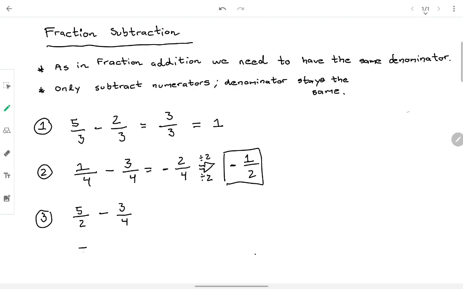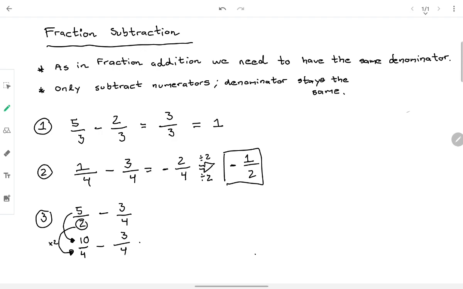We will convert these fractions into fourths. The second one is already fourths, or quarters, so we can stay like that. The first one, number 2, gets multiplied by 2 to get a 4. So 5 gets also multiplied by 2, we will get 10/4.